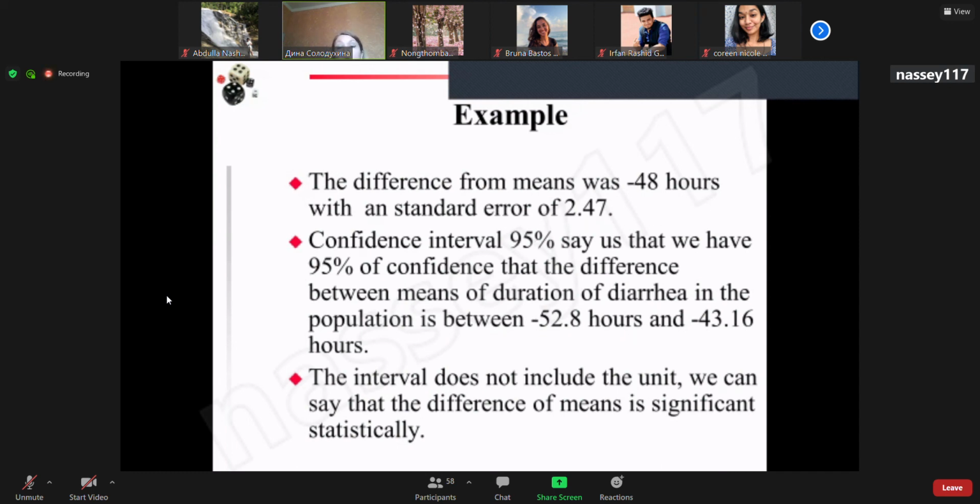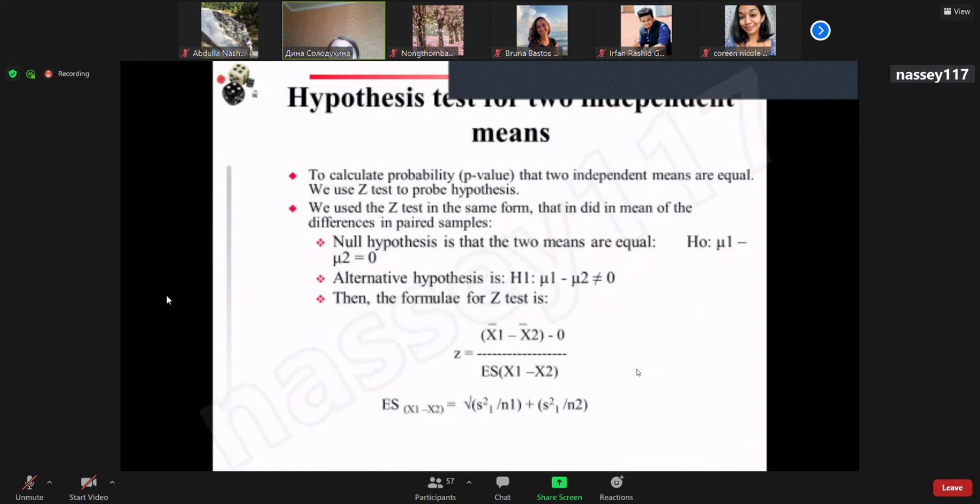So we conclude that in the population, the difference between mean duration of diarrhea will be from minus 52.8 to minus 43.16. So the interval doesn't include the unit, so we can say that the difference of means is statistically significant. So hypothesis testing for two independent means will also require calculation of probabilities.